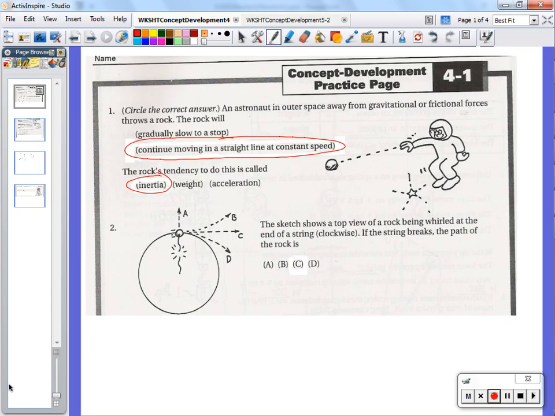About maybe 6 years ago, Voyager 1 left the solar system. So it's past the planets, and it just is out there.